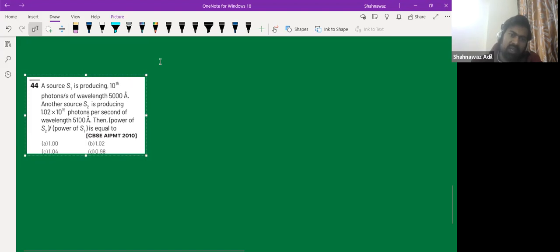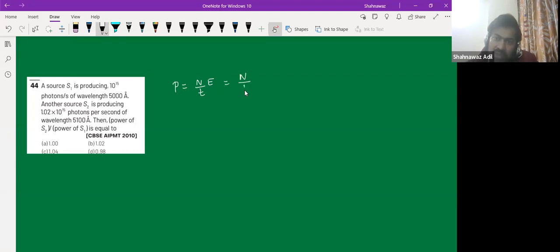So what is the power? We know that power by power, or let us first write what is the power. Power is N by T, right? And this E is how much? So this is C by lambda. Because wavelength is given, so we have to write it in terms of wavelength. So this is Hc by lambda. So this is the power.